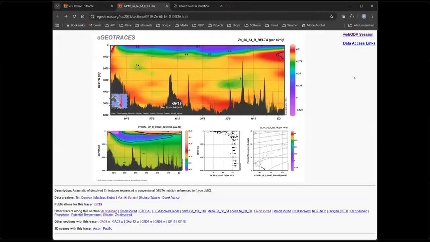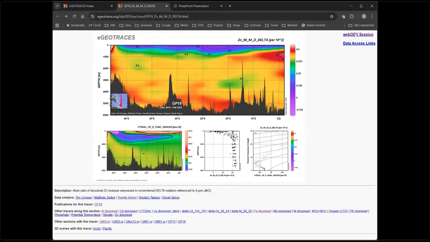And finally, as a new feature, I want to explain this link in the upper right, WebODB session. Imagine you are curious about this parameter, you understand something, and you have a hypothesis, and you want to play with this, and you want to go beyond the static image that is shown here.